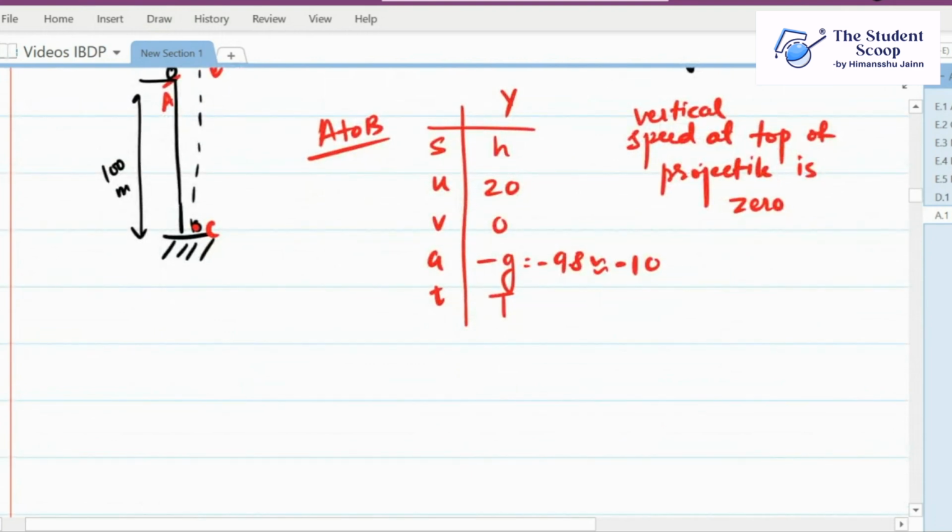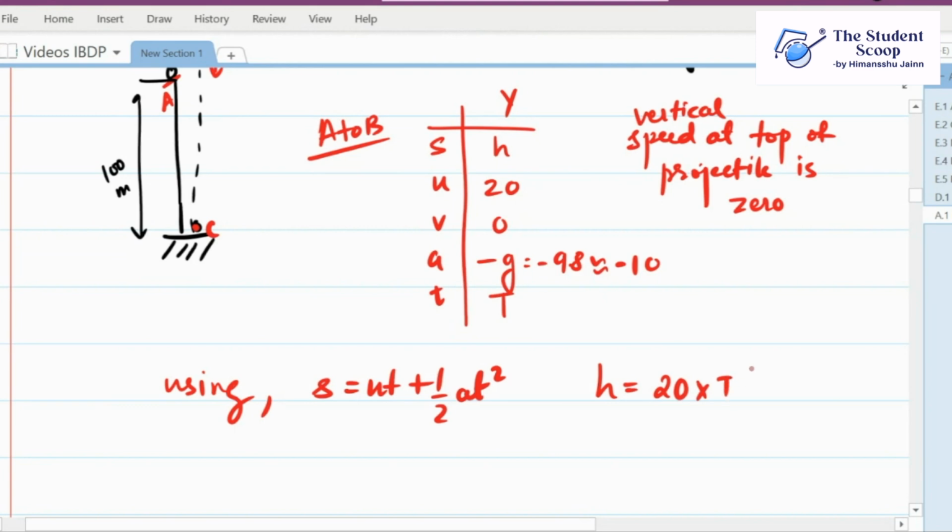Now here our main purpose is to find the height. So I can use s is equal to ut plus half at square, where s is h and u is 20. But time t we don't know, so we can't use that equation. Whenever we are choosing an equation, there should be only one unknown variable in it.